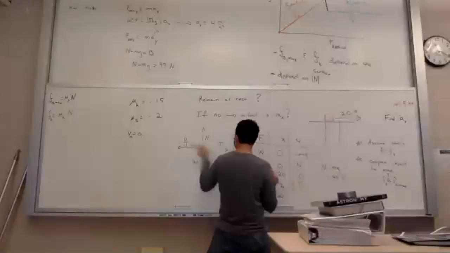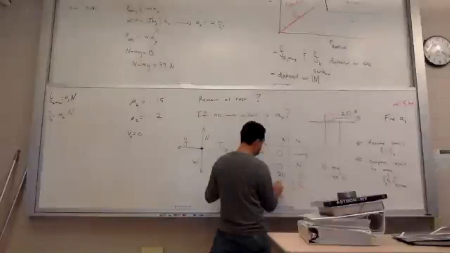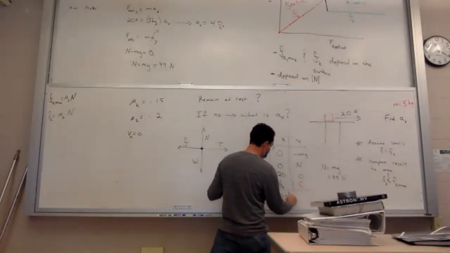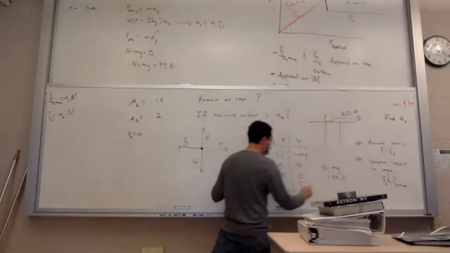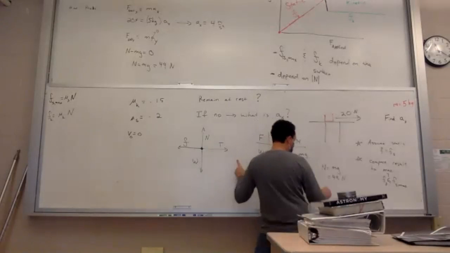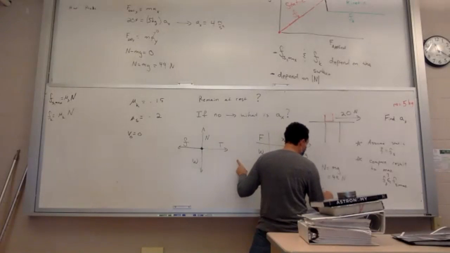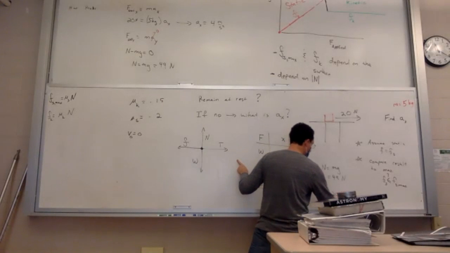Since friction goes to the left, I'm going to put a minus in there. So 20 minus f sub s is the net force. That needs to equal 0. Therefore, if it is static, f sub s is 20 newtons.